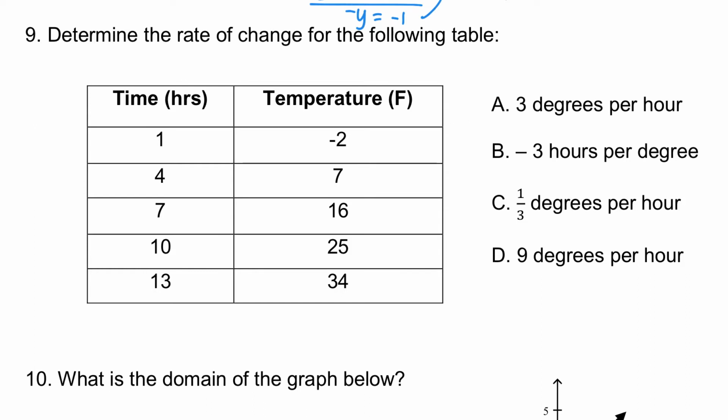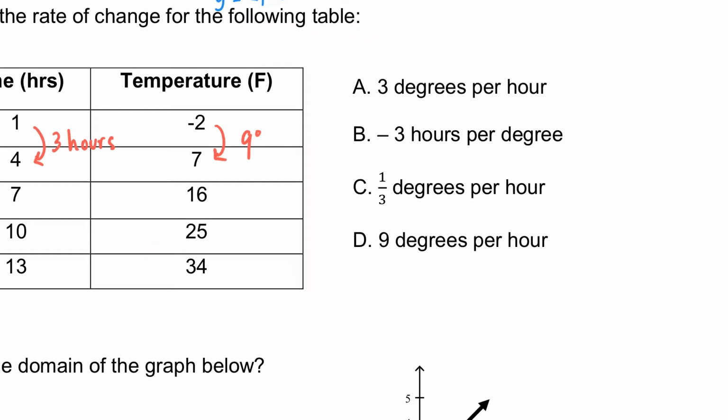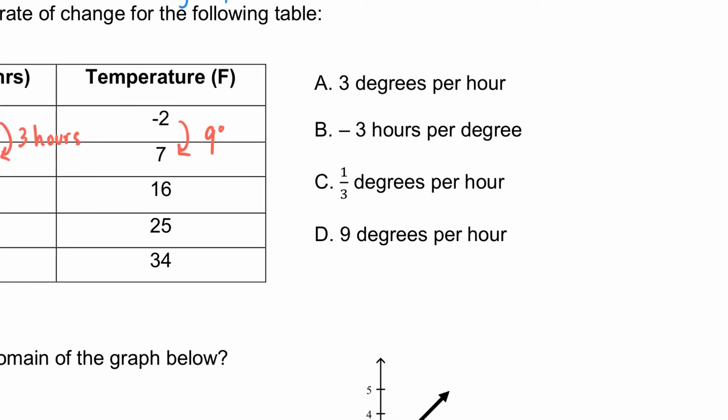Really, I guess my question is, if we go 3 hours, how much has the temperature actually changed to get from -2 to 7? So -2 to 7 is 9 degrees over 3 hours. So this is just slope, right? It's how much you are changing. So you're changing 9 degrees over the course of 3 hours.